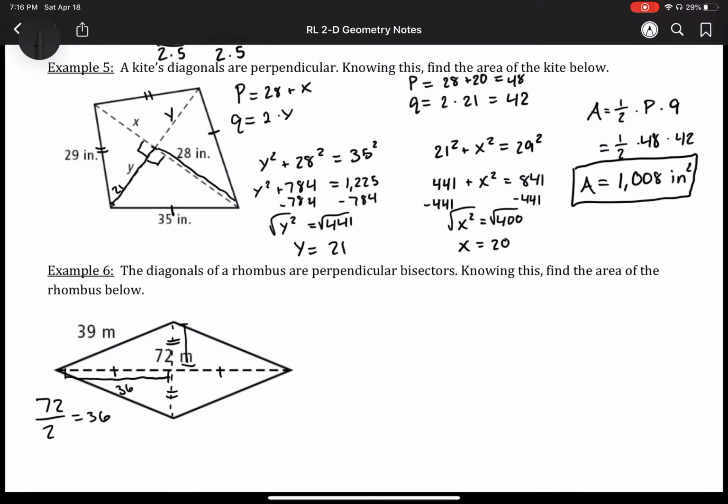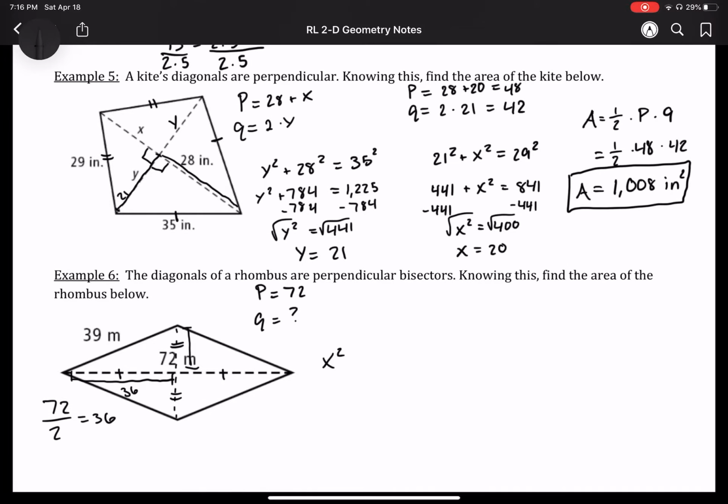So before I forget about my diagonals, I have p is equal to 72, and now I'm trying to find q, which we don't know yet. So in my triangle again, I have side 36, I have the hypotenuse of 39, and I have my unknown side. So I have x squared plus 36 squared is equal to 39 squared.